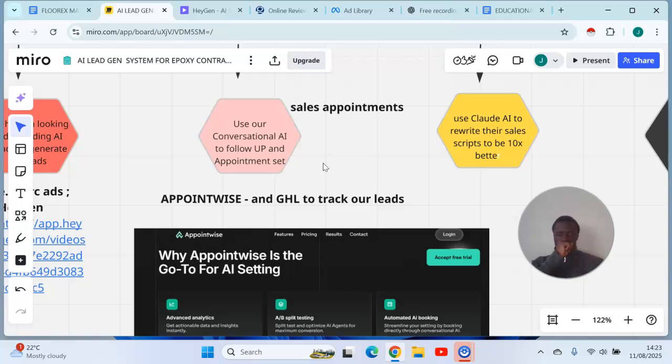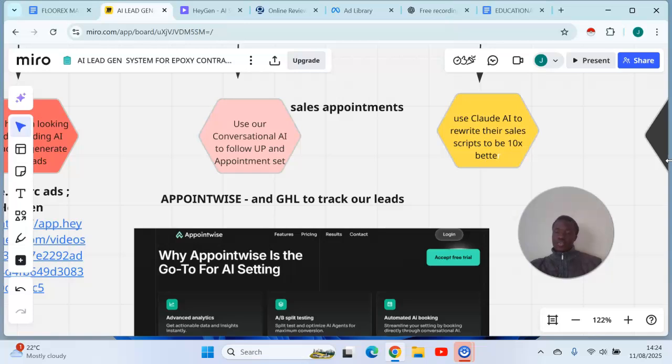Apart from this, we'll also be using GHL, Go High Level, which will be our all-in-one CRM platform. This is where we'll be tracking our leads based on the different stages they are in. If the lead is in the follow-up stage, then we know, okay, this is lead number so-and-so at this stage.